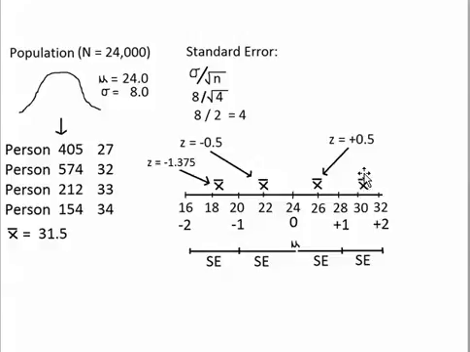Our sample mean won't have a z-score of exactly 1.5 because our sample mean isn't exactly halfway between 28 and 32, but our sample mean will have a z-score close to 1.5.